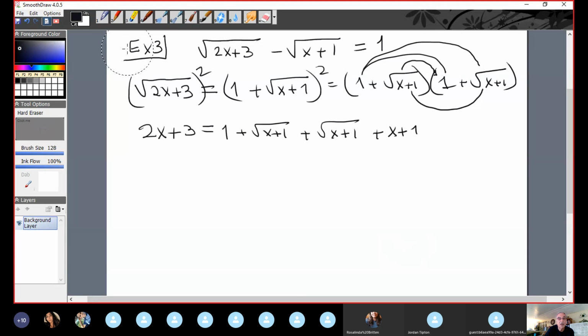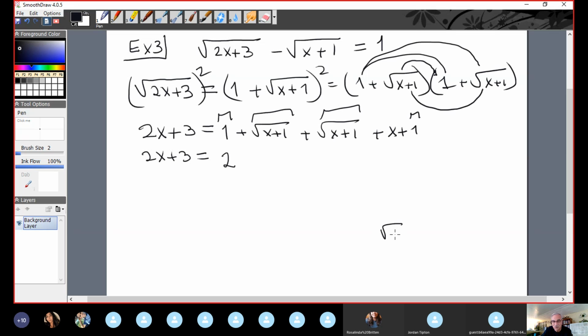Okay. Now ready to combine like terms. I copy 2x plus 3 again. Equal, look at that, 1 and another 1. Well, there is no reason to have them separately. I put together 1 plus 1 is 2, in any order. And the radical: radical x plus radical x is 2 radical x plus 1.